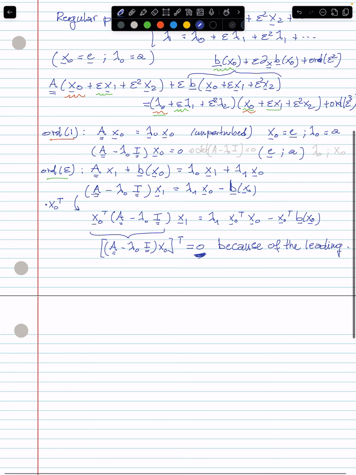We can open a small parenthesis here and say that, if A was not symmetric, you see that we could write this here, the transpose of A is equal to A, because A is symmetric.